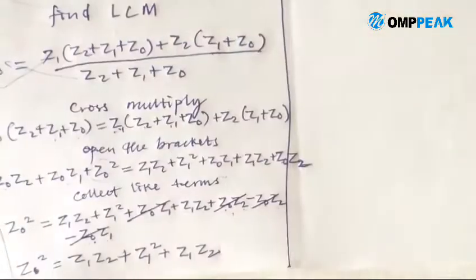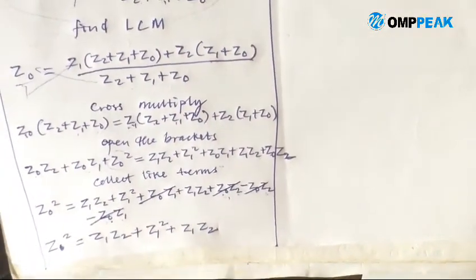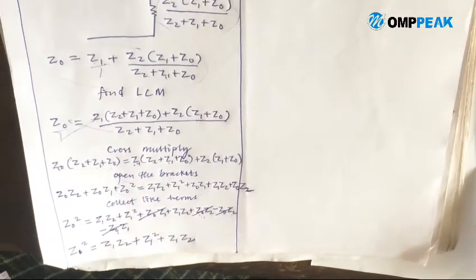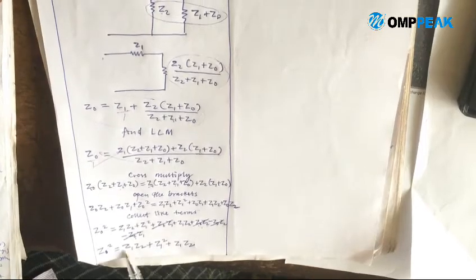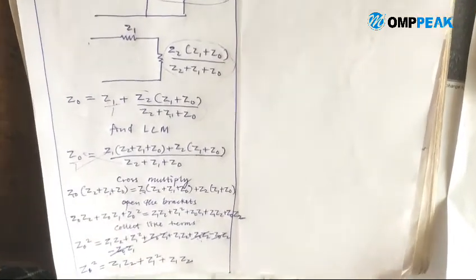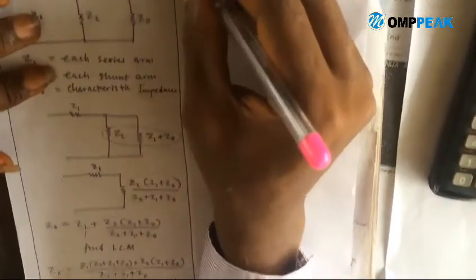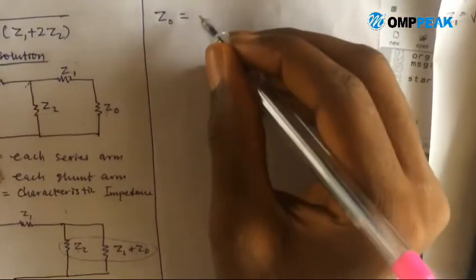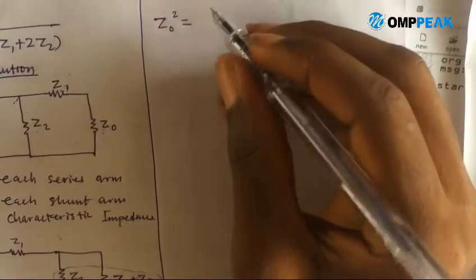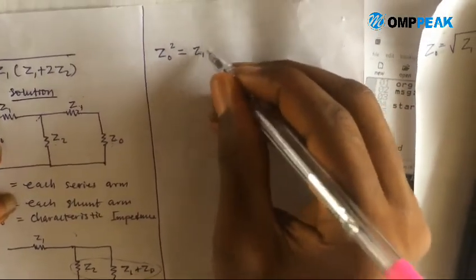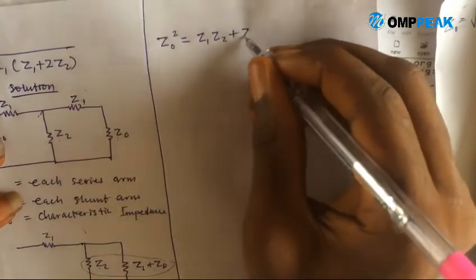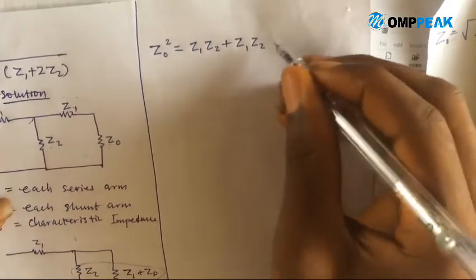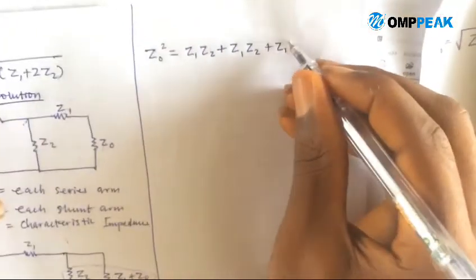Now let's rearrange this for better understanding so it can be clear to us. This one and this one, we are collecting like terms. So Z1 Z2, Z1 Z2. Let's mark them together. So we have Z0 square equal to Z1 Z2 plus Z1 Z2 plus Z1 square.